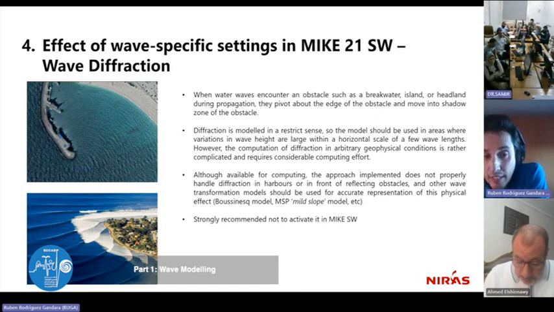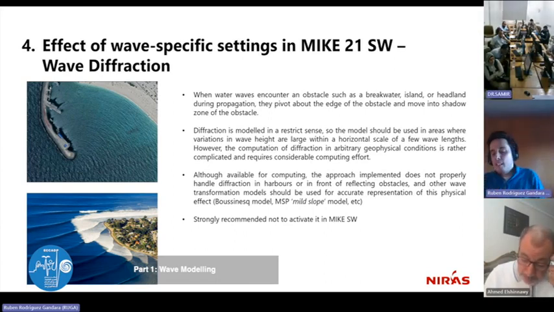The main thing that you have to take in here is that Mike can resolve wave diffraction, but only in an approximate manner, which means that it only works, let's say this way, if in your model you have, let's say, an island in the middle of the domain, and what is happening right behind the island is not of interest for you.